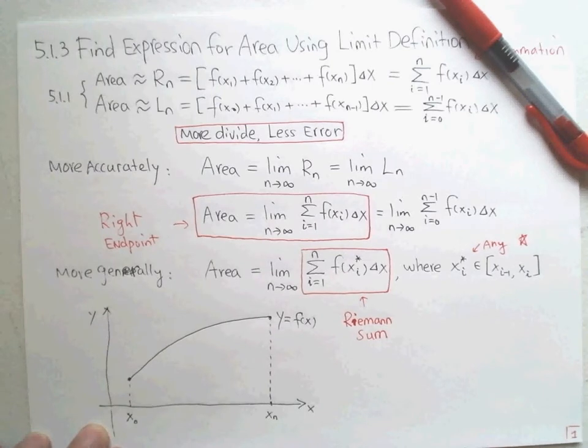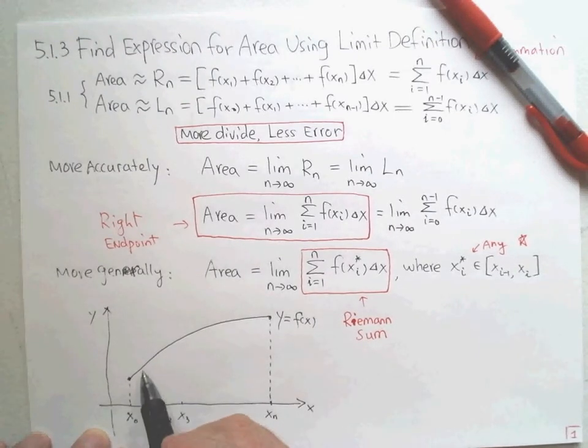So remember we divide the interval into n pieces evenly, right? So x0 is here, x1 is here, x2 is here, x3 is here.